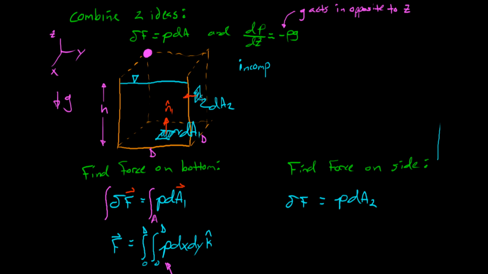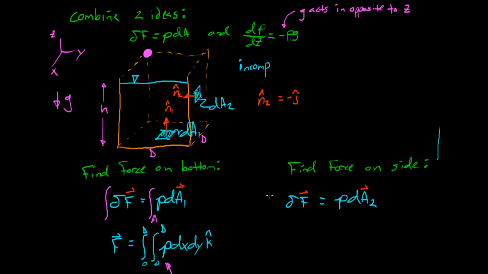And so the normal vector points normal to dA2, so I can call this n hat 2. And you can see here that n hat 2 points in the minus y direction. And so n hat 2 is actually just minus j hat, where j hat is the unit vector in the y direction. So I can come in, drop little vectors here, get the vector version of this.